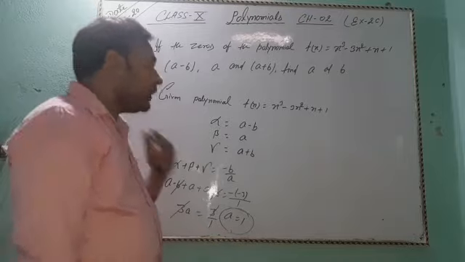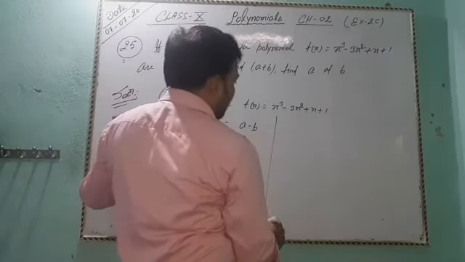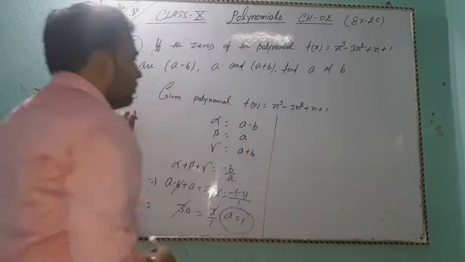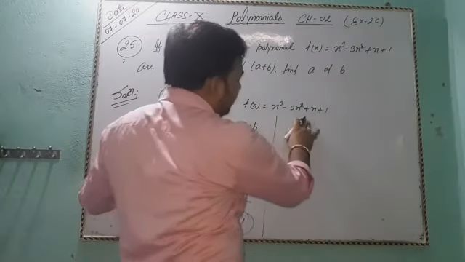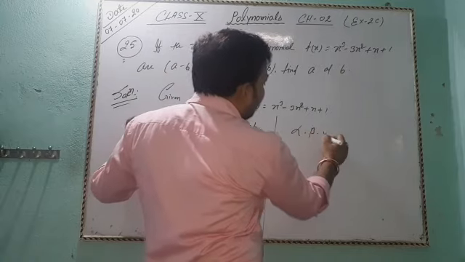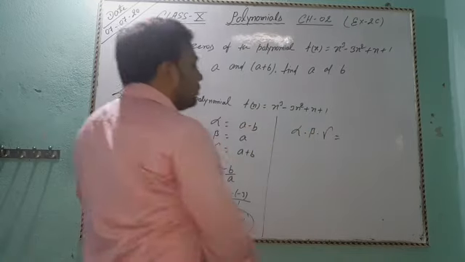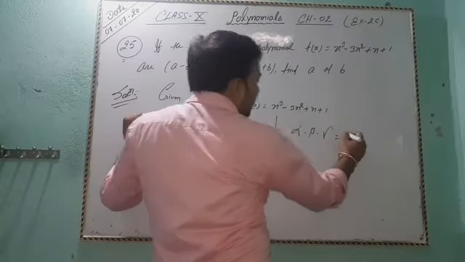Okay, and product of the zeros of this polynomial. So product of the zeros equal to alpha into beta into gamma equal to minus d by a.